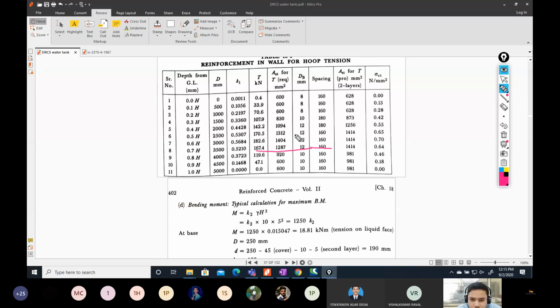Up to this it is constant, then up to this again it is constant, then this one is different from 0.4 to 0.5, and then again it is a different value. You can provide 2 or 3 groups. No need to have 4 or 5 groups. 2 or 3 groups would be sufficient.